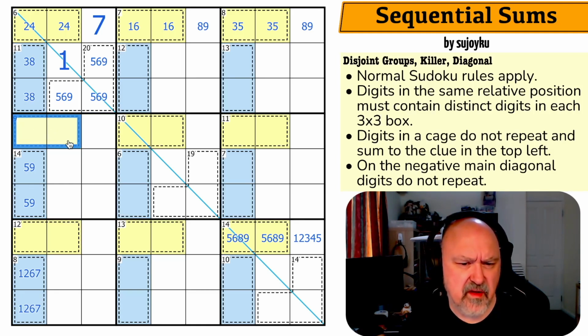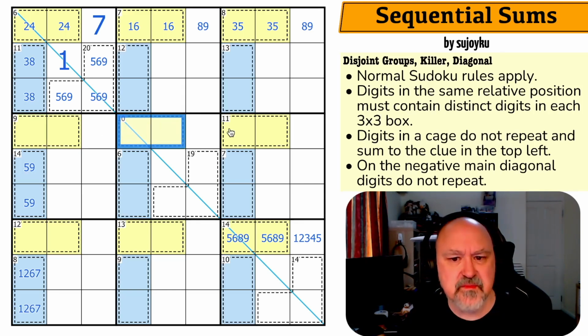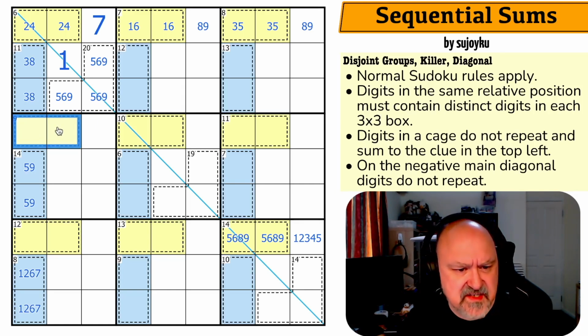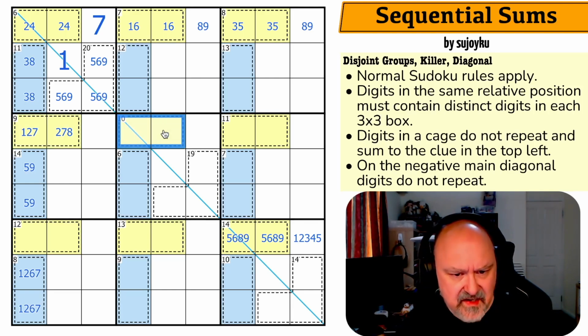So what can this 9 be? Actually, it can be lots of things. But I've got to put a 7, an 8, or... There's got to be a 7 or an 8 in here because each of these must take 7, 8, 9. So this is either 1, 8 or 2, 7. They're the only possibilities. And in here, I have to use a 7, 8, or a 9.